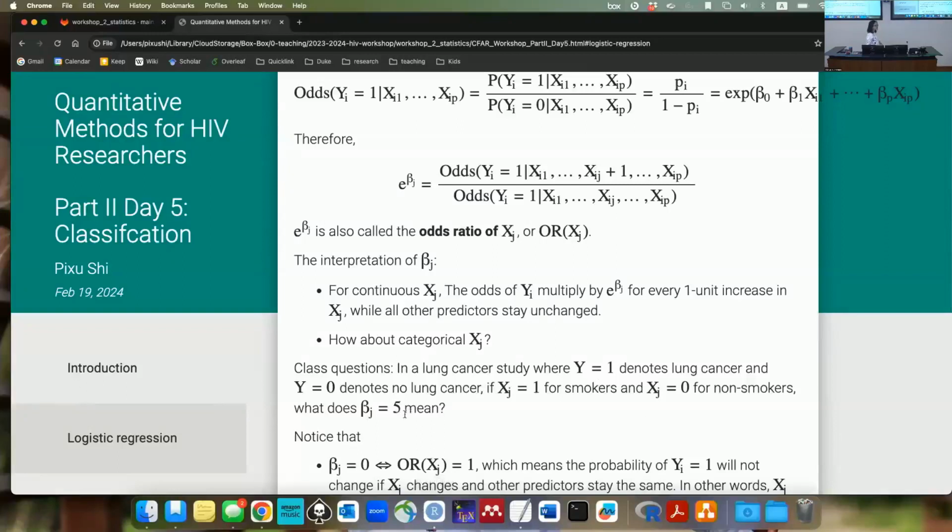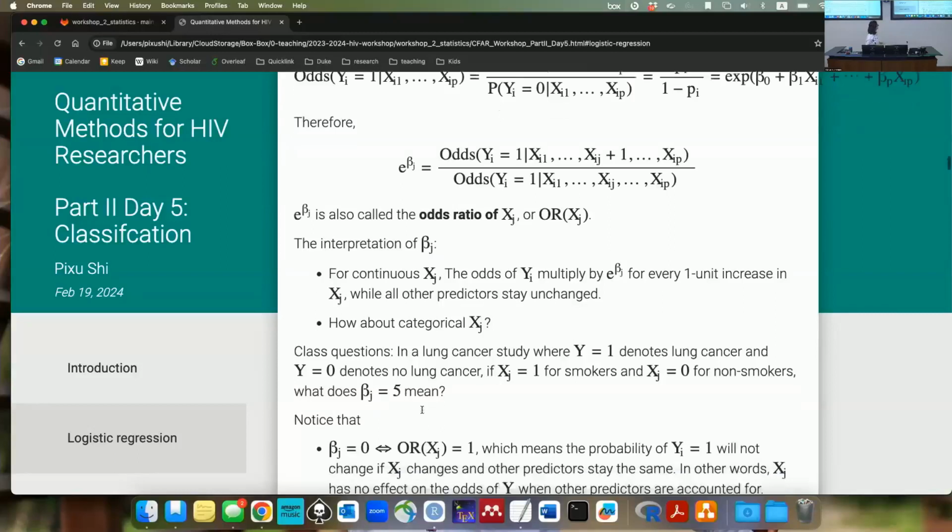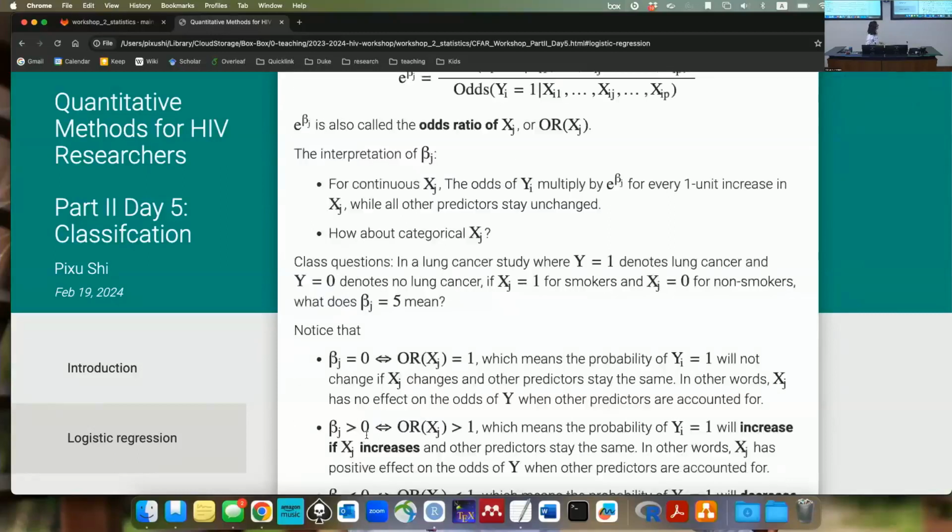What does it mean? Does it mean that smoking increases your chance of getting lung cancer or decreases your chance? Increase, right? Because if your beta is larger than 0, the exponential of beta will be larger than 1. So it's increasing of the odds.